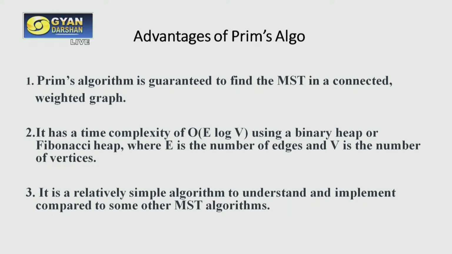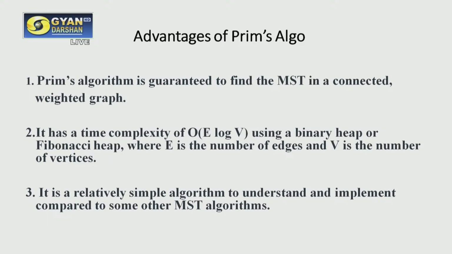Both algorithms are guaranteed to find the MST in a connected weighted graph, and so is the case with Prim's algorithm. If there is a connected weighted graph, this algorithm guarantees to find one of the MSTs, because sometimes more than one MST is possible.